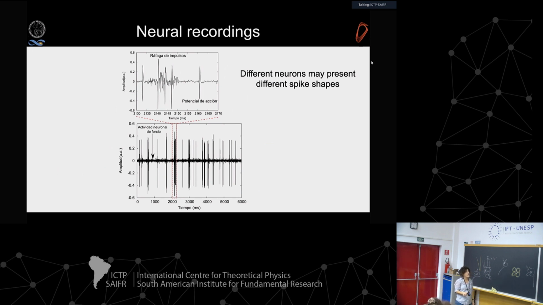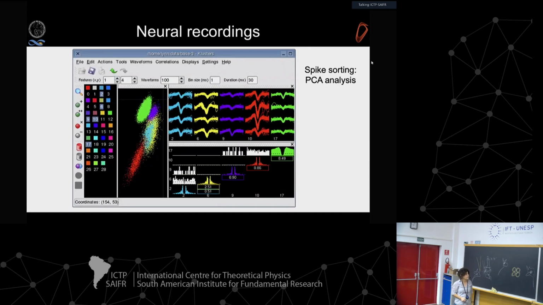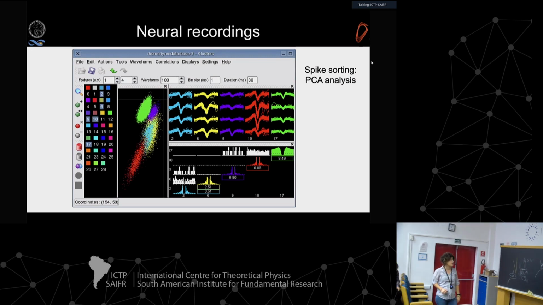So you have another way of doing spike sorting. You can do PCA analysis or whatever. Now there are a lot of tools using artificial intelligence, but the idea is that you can see these are the shapes of the spikes, and they are very different.